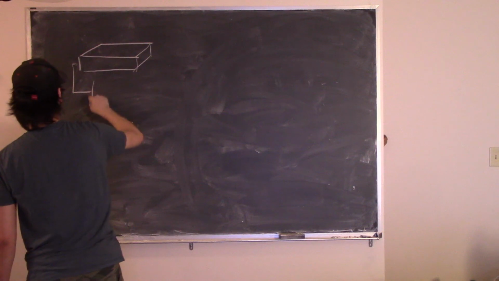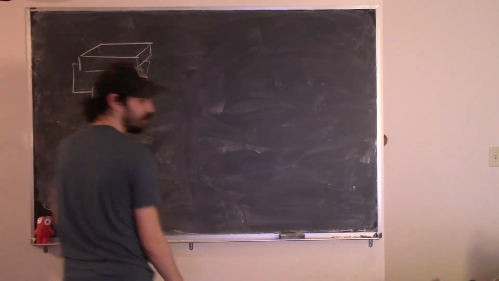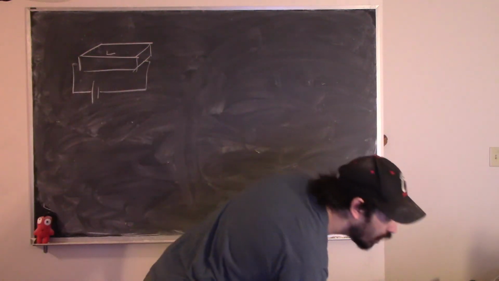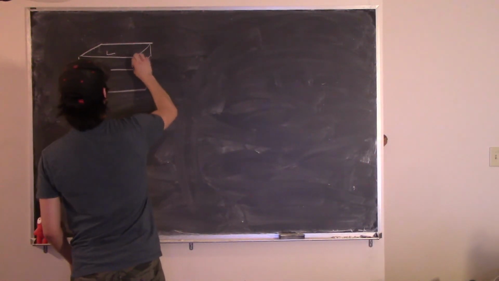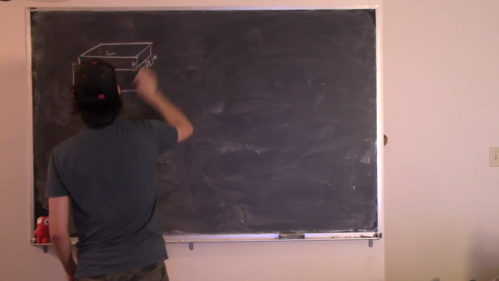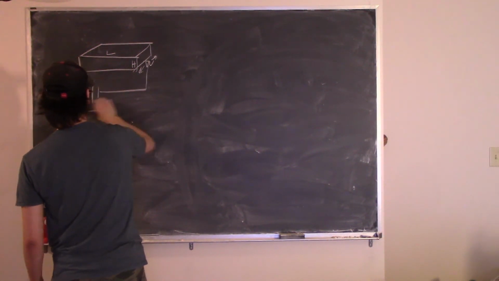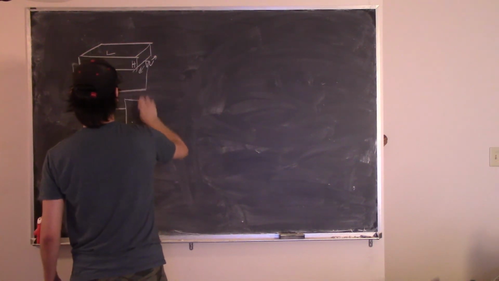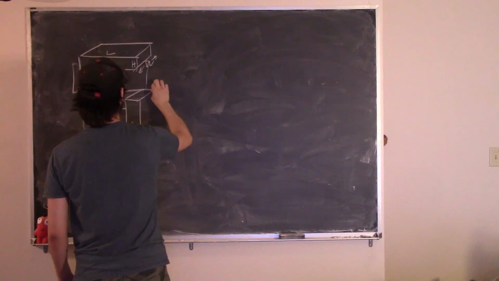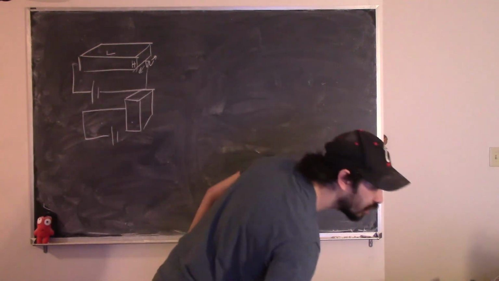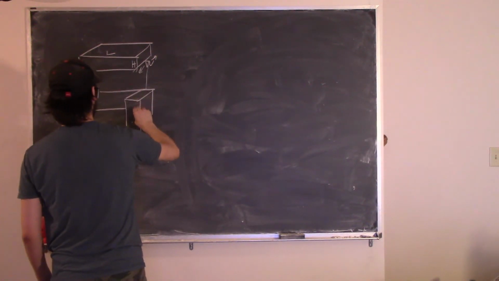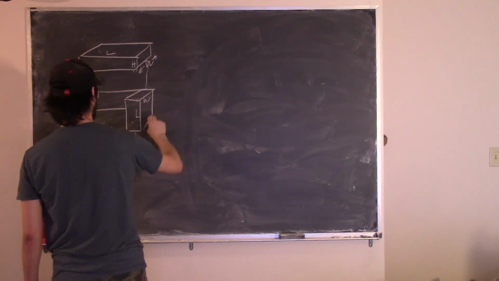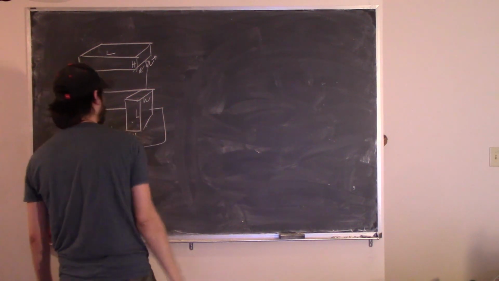So this is one orientation of this. And then the other one, let me label this. This is L, this is H, and this is W. And then if we flip this so that now it is like this, where this length is L, this is W, and this is H, and this is connected from this side over here.